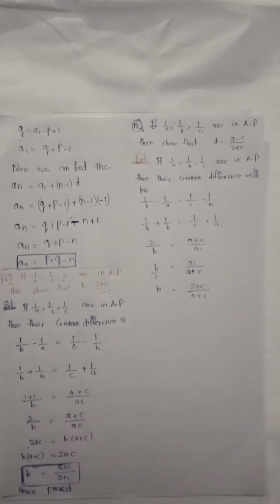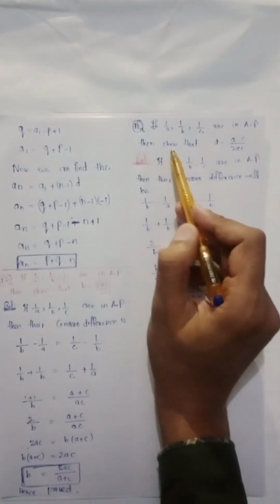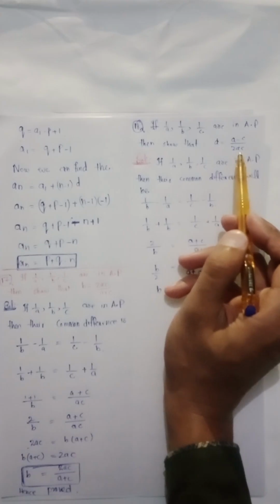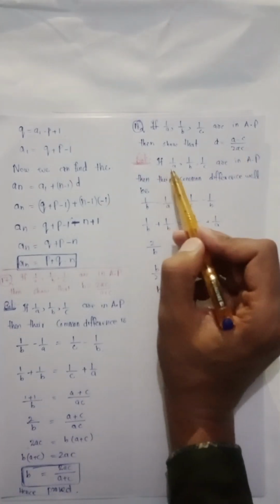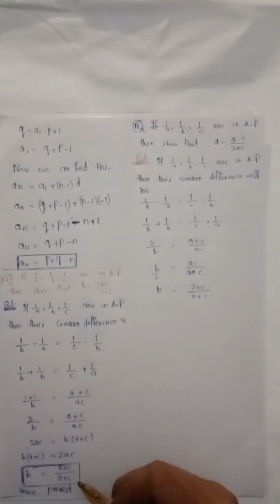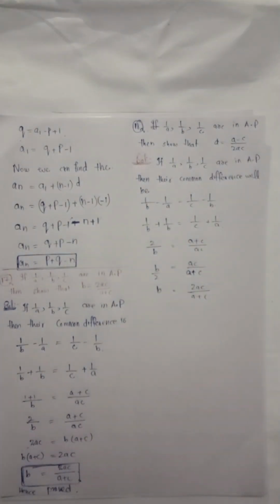In the next question, he is saying that if 1 over a, 1 over b, 1 over c are in arithmetic progression, then show that d is equal to (a minus c) over 2ac. Similarly, as in the previous question we have solved for b equal to 2ac over a plus c, we have to calculate up to this b in the same manner.